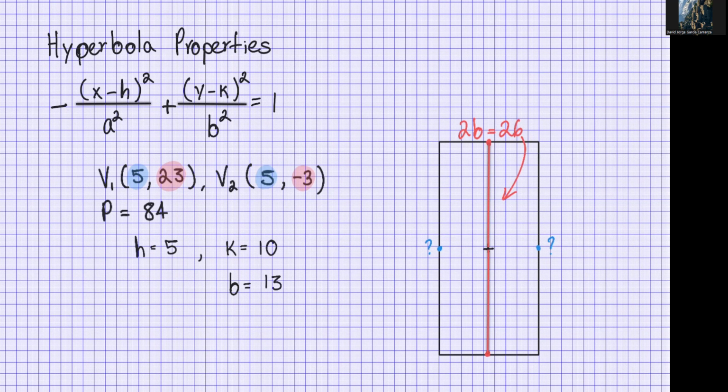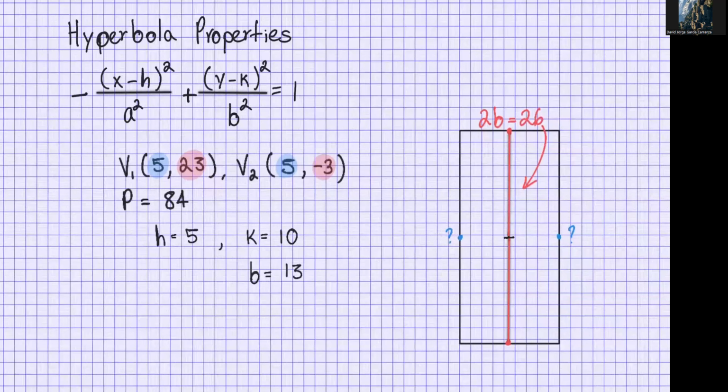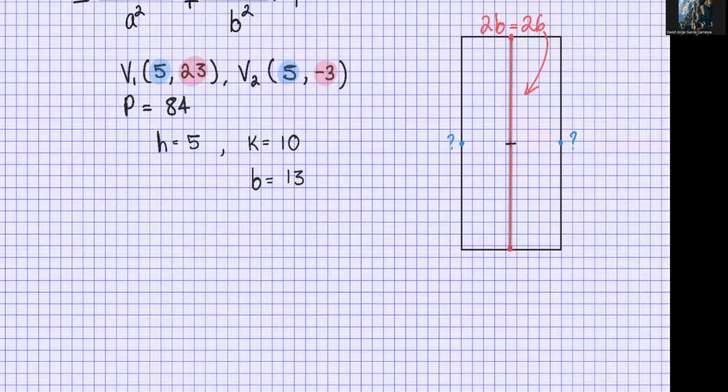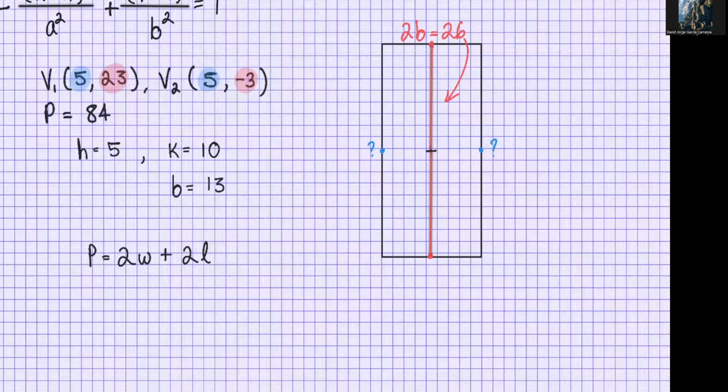So the perimeter formula of our rectangle goes like this. The perimeter is twice the width plus twice the length or the height. If we call the width this distance here, then this will be twice a, since a will be the distance that goes from the center to either of the covertices.